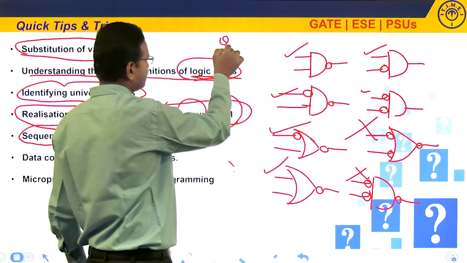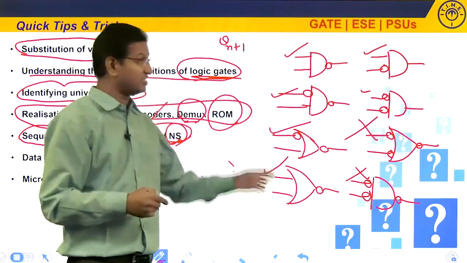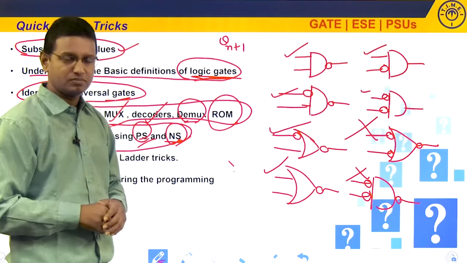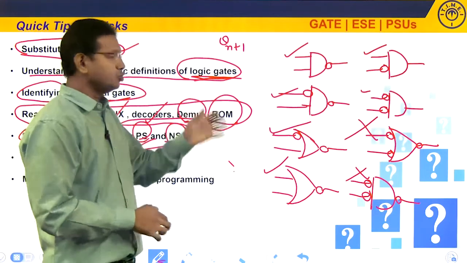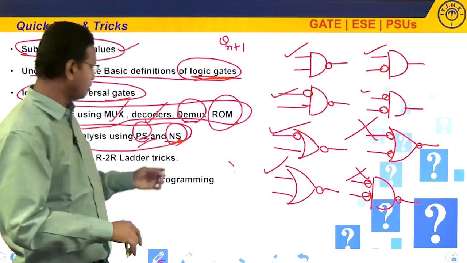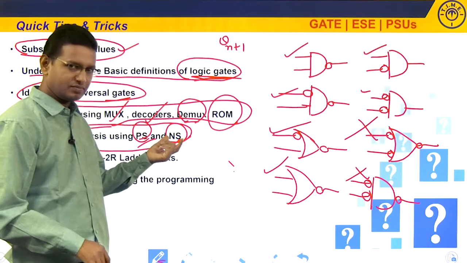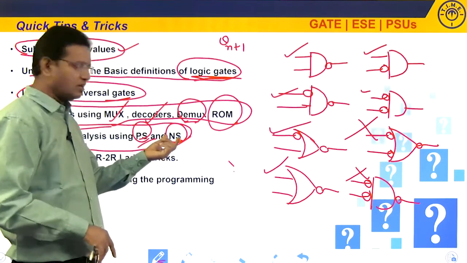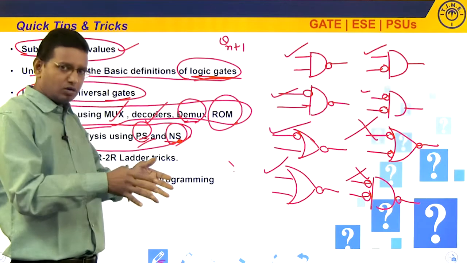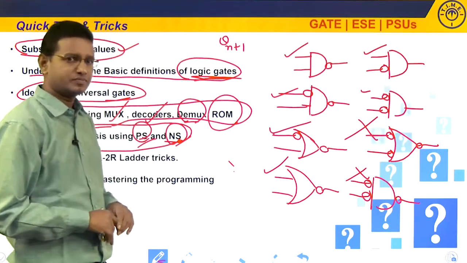get the next state equation, the Qn plus 1 equations, for every flip flop. Then make a table with the present states and the next states. Get all the possible present states and next states by using the next state equations.